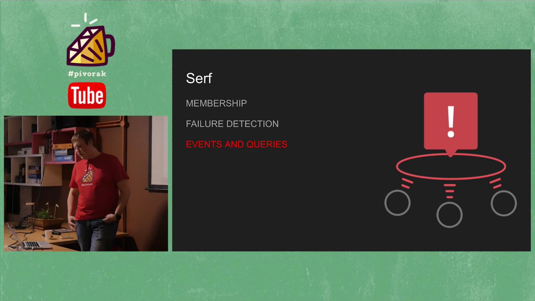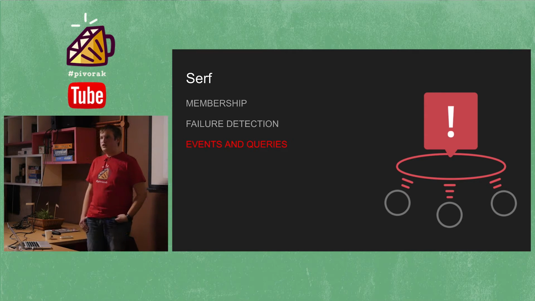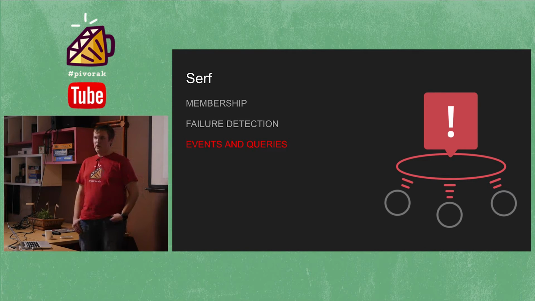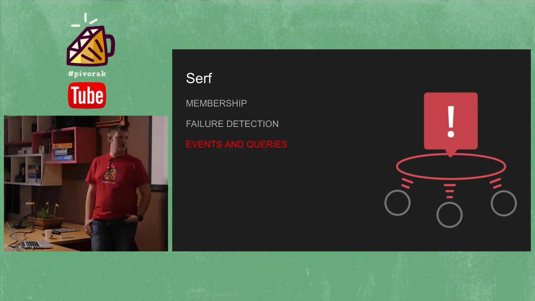In addition to these three events, member join, leave, and failure, Serf allows you to use custom events and queries. The difference is that events use a fire and forget mechanism, while queries are designed to be a request and response feature.